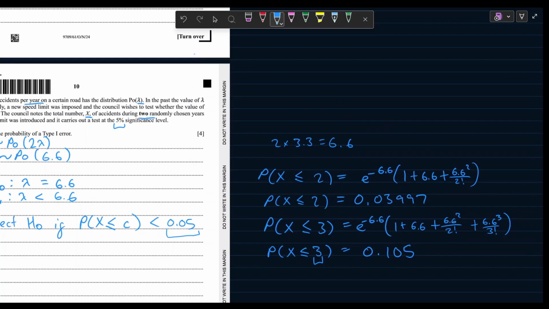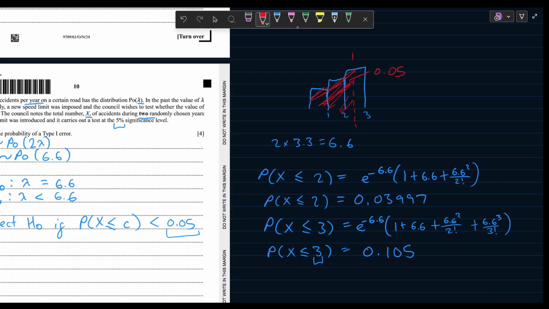If you wanted to visualize it, we are probably looking at something like this. Say 1 is here, 2 is here, 3 is here. Our cutoff point would be somewhere here, and the area to the left is our rejection region.